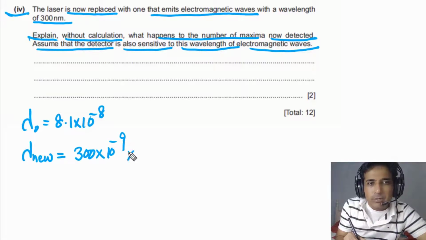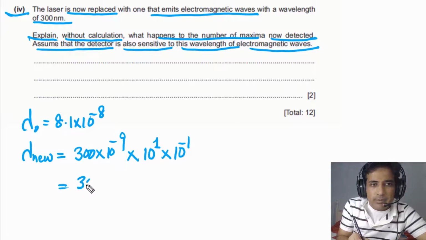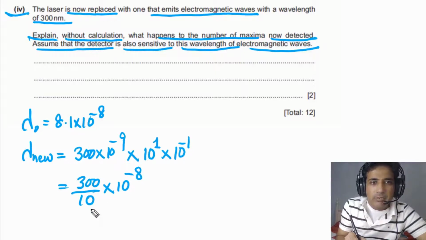Now if we multiply this by 10 and divide this by 10, we can simplify this. So we have 300 divided by 10, and here we have 10 to the negative 8. Now we can cancel this 0, so we get 30 times 10 to the negative 8 meters.